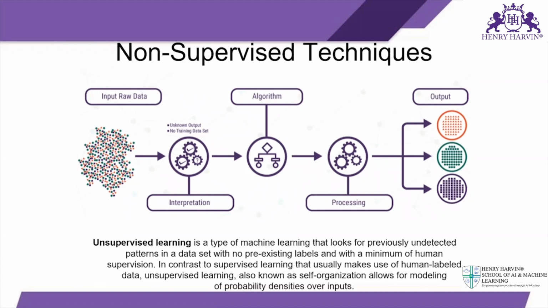Here we only have the input, we don't know what kind of output we want from that input data set. So we only give the input to our machine learning algorithm, and after some processing we get the output, and the output is in clustered format.